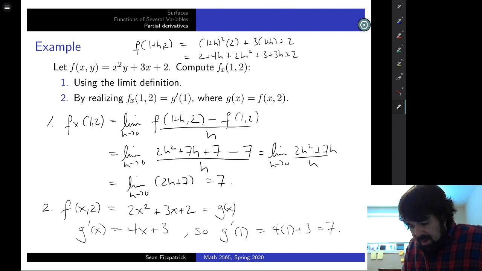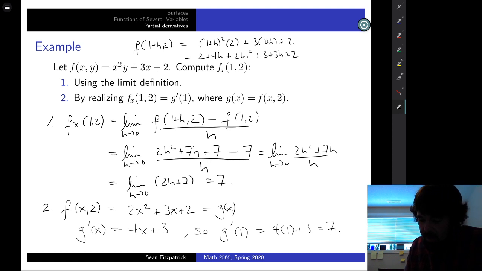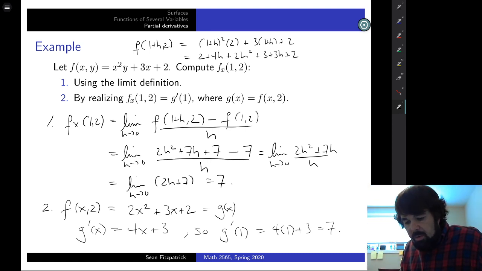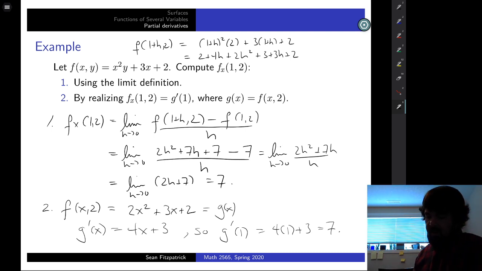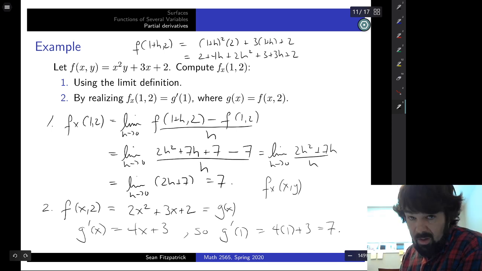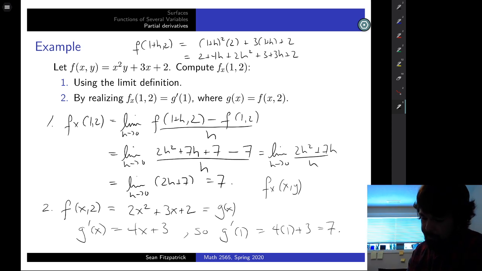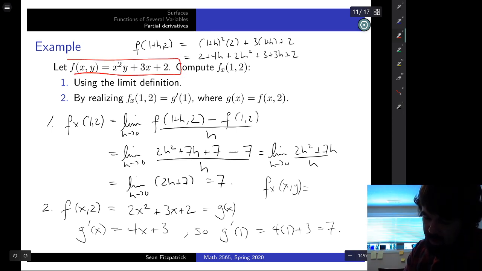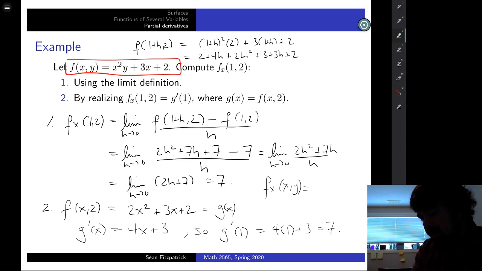And that's the point. Now the point is that we can start doing this where we're not even necessarily putting in x equals 1 or y equals 2 when we're doing the derivative, right? If I want to calculate in general the partial derivative with respect to x at a general point x, y, well, what I do is I come up to my function and I say, okay, I want to take the derivative with respect to x, and if I'm doing the x derivative, I treat y as a constant, right?